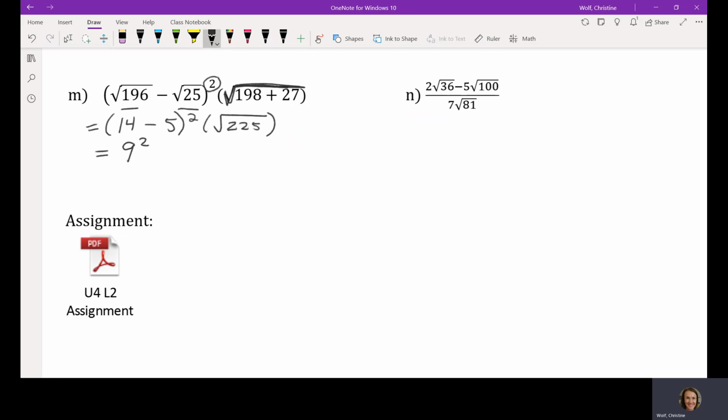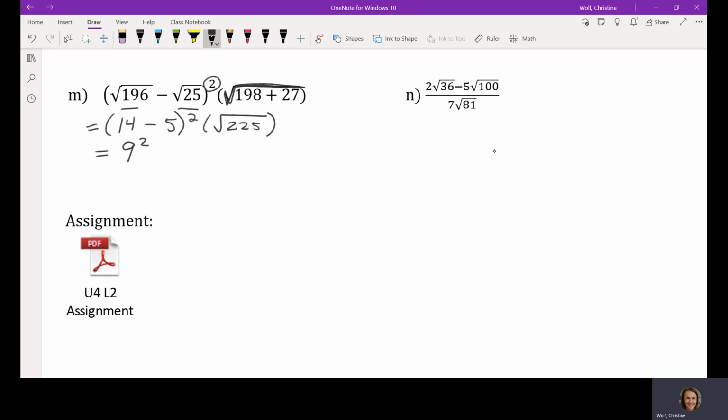But if you wanted to write it twice, it would still work. It just takes a lot longer. Like Stacy, it would be like 14 minus 5 times 14 minus 5. And if you really wanted to, you could go 14 times 14 is 196 and so on. But it's a whole lot easier just to go 9, right? So that's why simplifying is our friend.